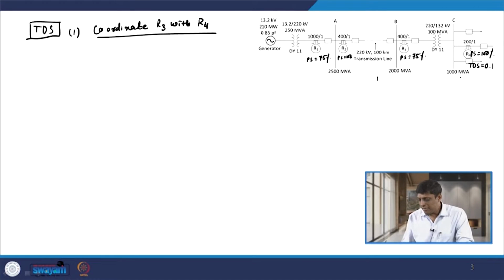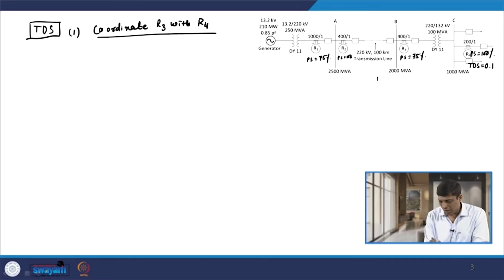Utilizing this 1000 MVA, we need to calculate the time of operation of relay R4, and then we add some margin, which is known as the minimum coordination time. So we will have the required time of operation of relay R3, and then we can find the time dial setting of relay R3. As you can see in the figure, between relay R3 and R4, at bus C, the fault level is given as 1000 MVA.